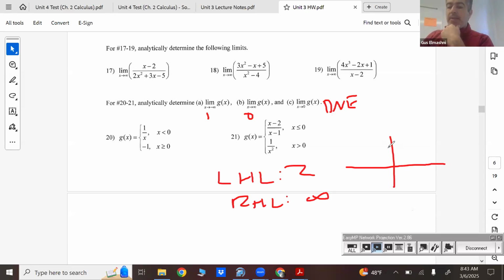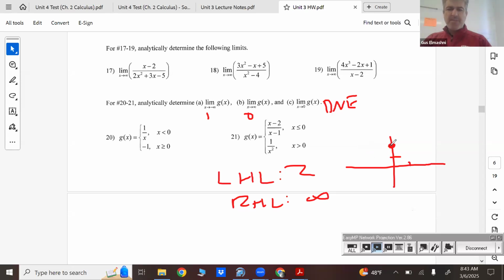So if you were to graph this, it would look like this. 0 is included, so there's a dot there. You're right. And I think it looks like this, if I'm not mistaken. No, hold on. Is that right? There's a vertical asymptote at 1, but we're not including that.